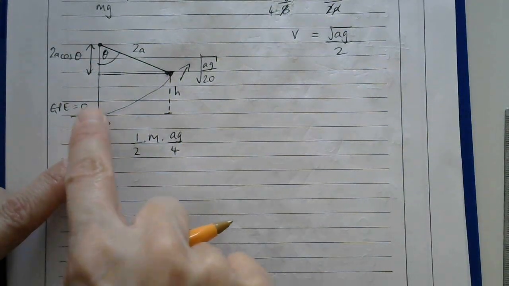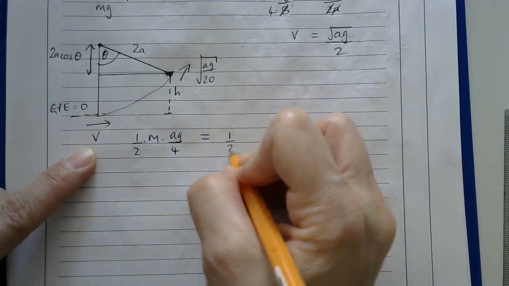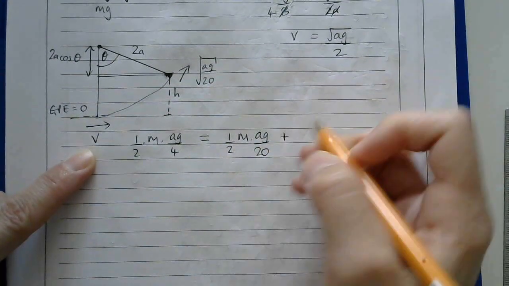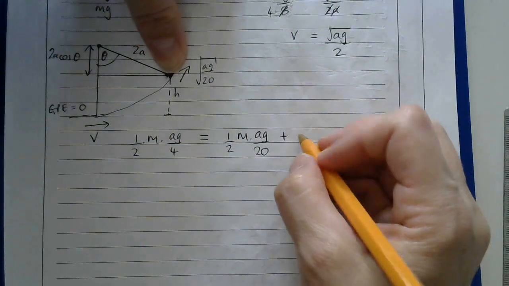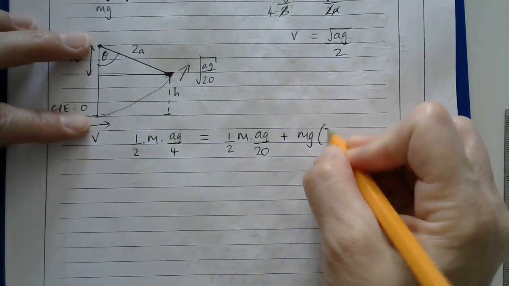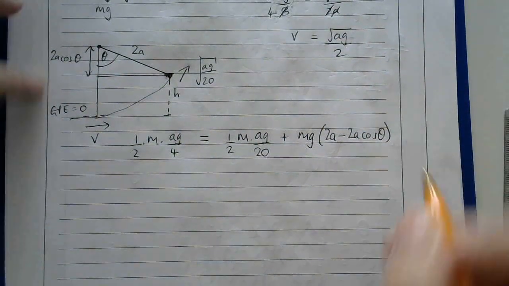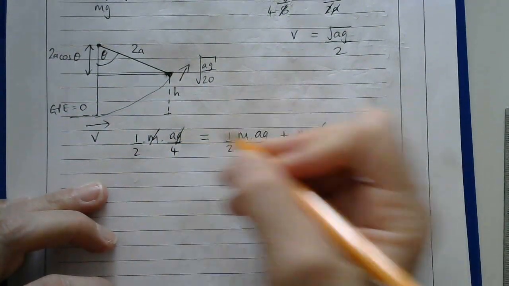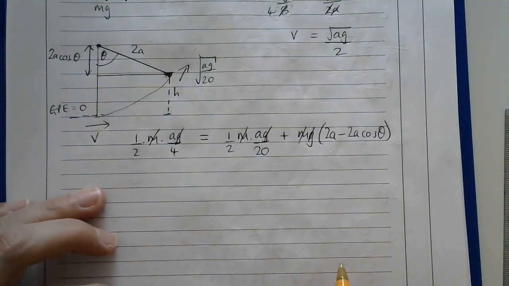We said there's no gravitational potential energy here, so that will equal the kinetic energy here, half m times this squared, plus the gravitational potential energy that it has here, which will be mg multiplied by this height, which we said was 2a minus 2a cos theta. So dividing through by mg, this happens. I can also divide by a.